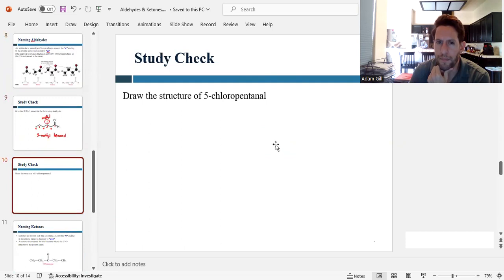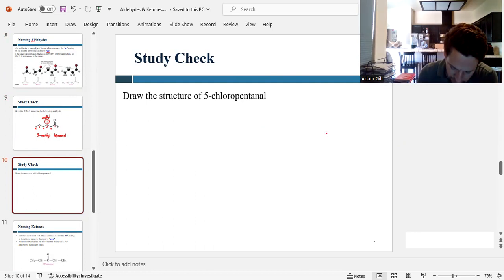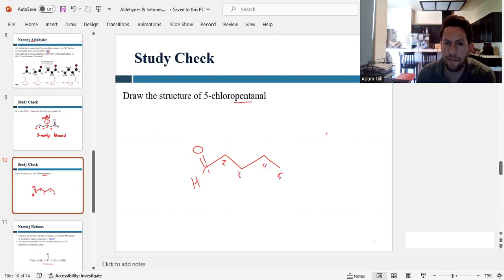All right. Can we draw the structure of 5-chloropentanal? So we're going to start with the parent, pent. So pent means 5. So 1, 2, 3, 4, 5. And then we need to make the aldehyde at the end. So there's our pentanal.